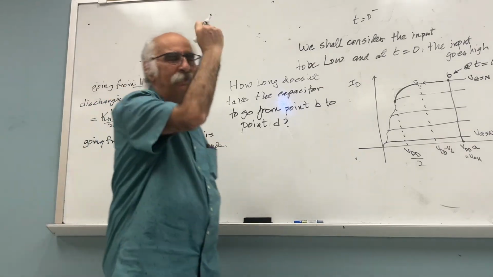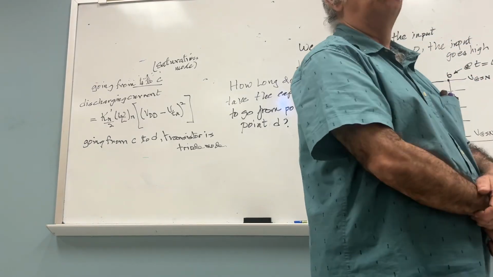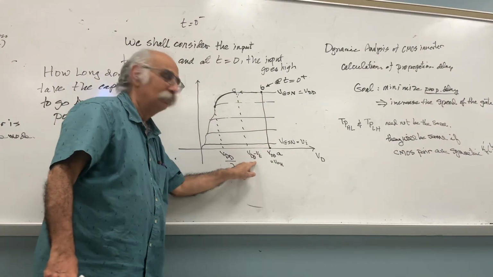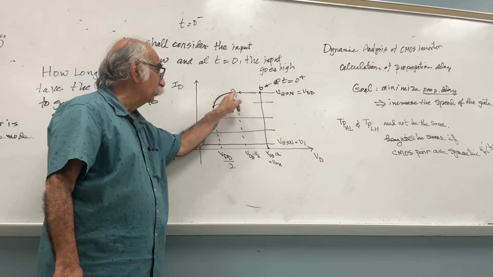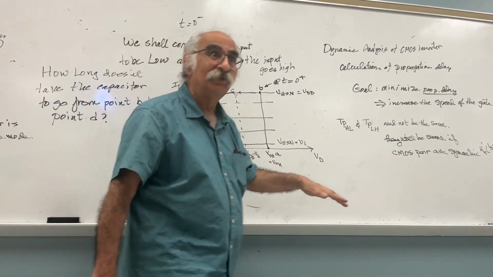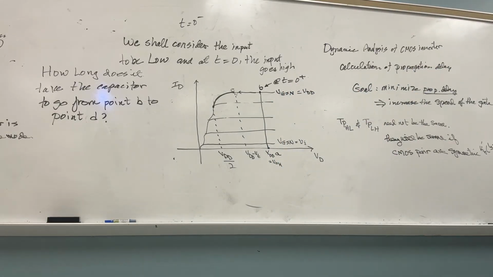One more time. I want you to look at the diagram and tell me why it is in the triode mode. What does the VD reach? VDD minus VT. If it continues, it's getting lower than VDD minus VT. Is the channel pinched off or no more pinched off? No more pinched off. We go to the triode mode.